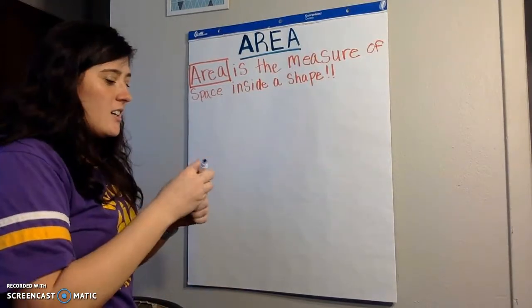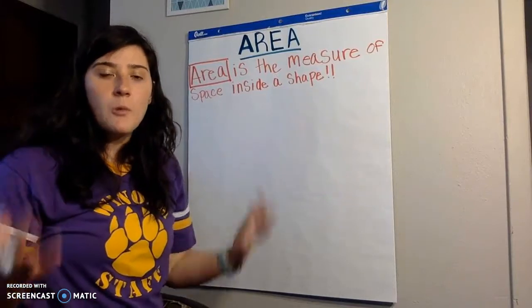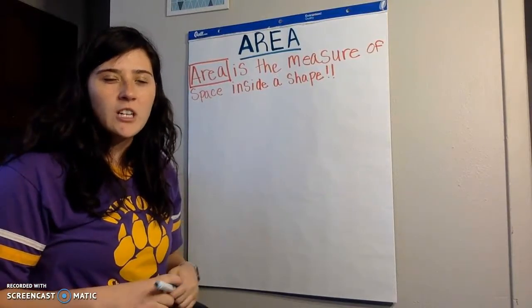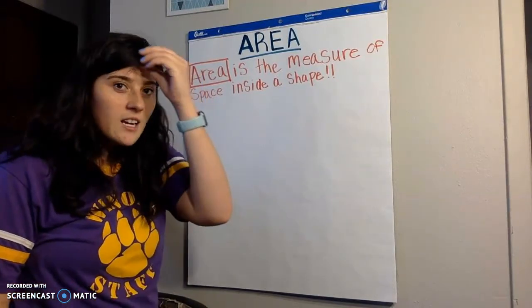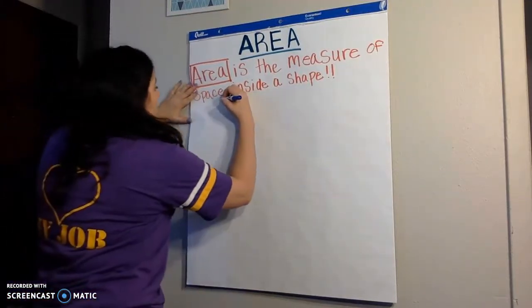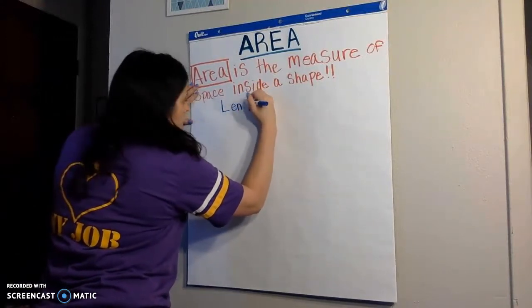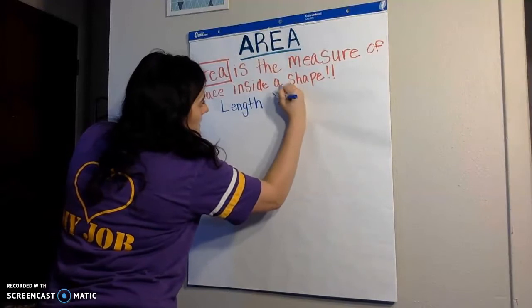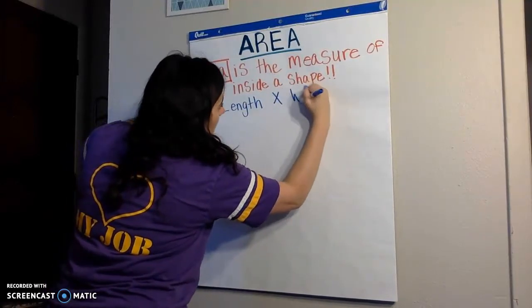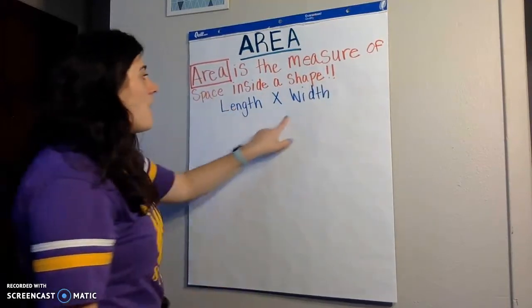The very first thing I want us to get back to is, what was the equation of area when we first started this? The equation of area that we really worked on was length times, or multiplied by, the width of the shape.